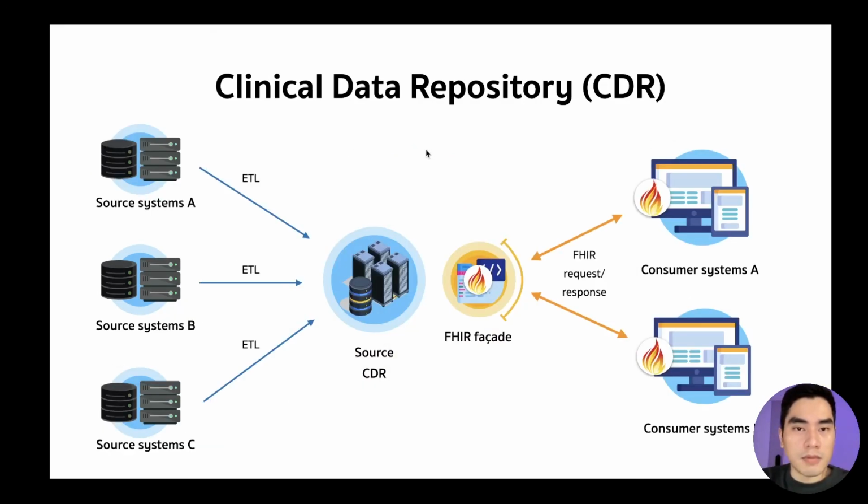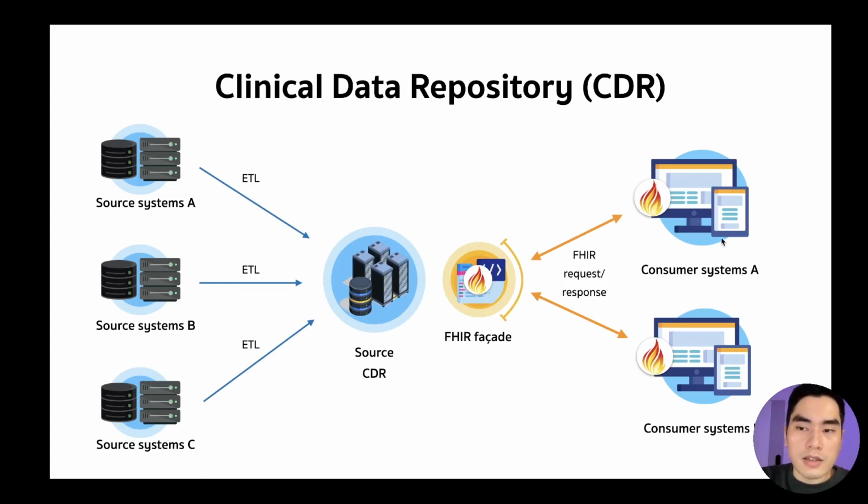The next example is the Clinical Data Repository or CDR. A CDR is like a data warehouse in many ways in that it extracts data from many source systems, but it's mainly for storing clinical data in its data storage, and then other systems can retrieve the data from the CDR.